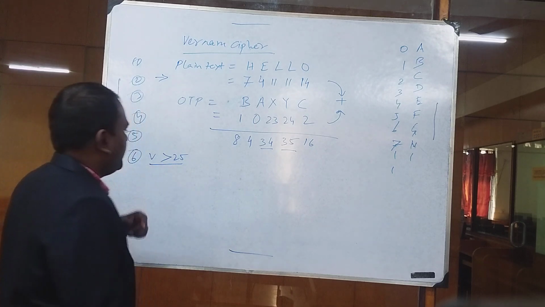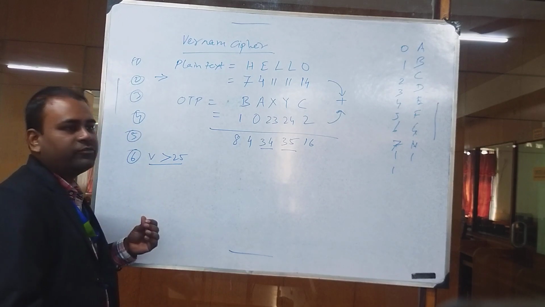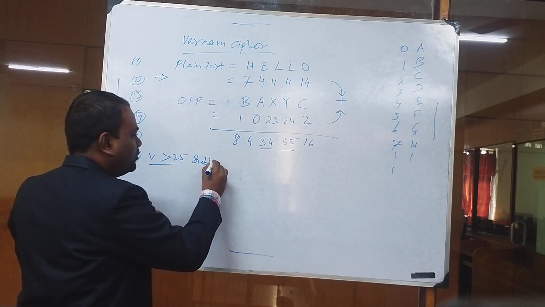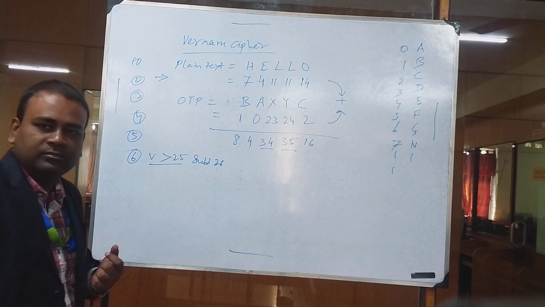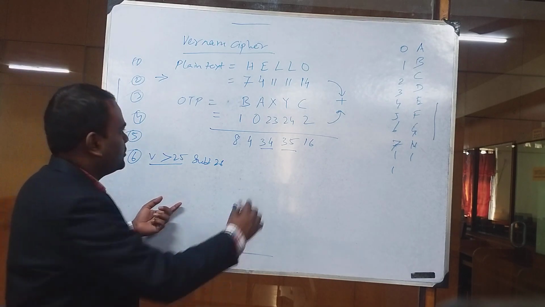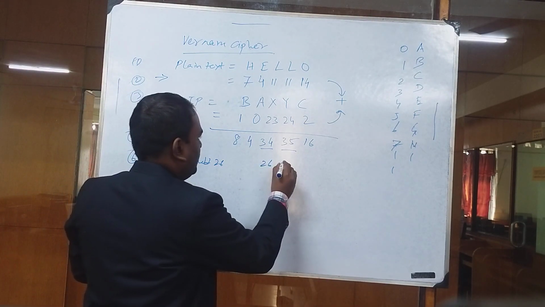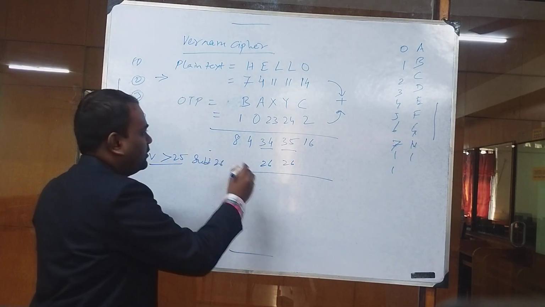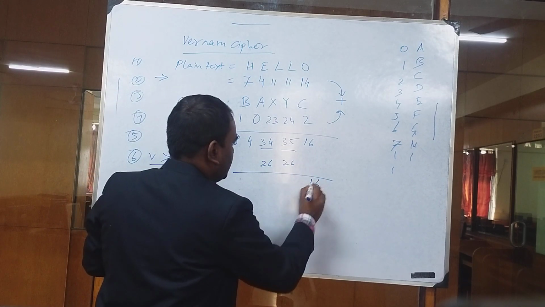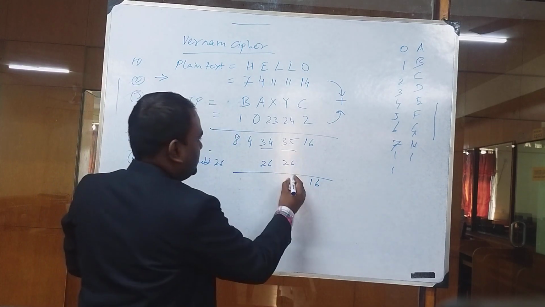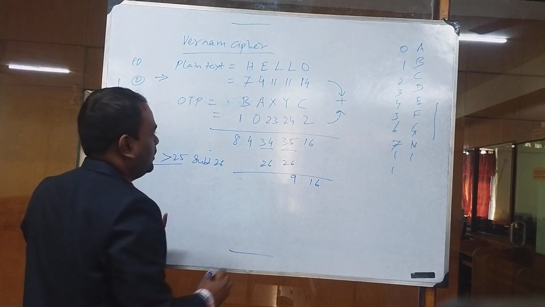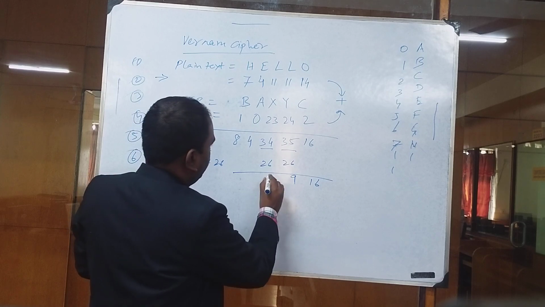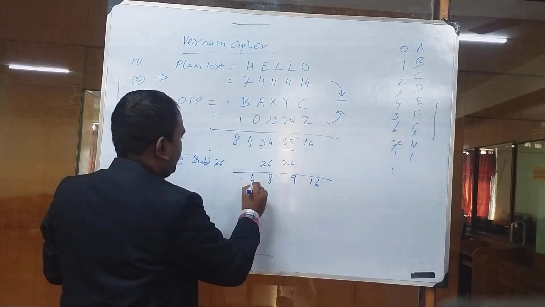If we find any value greater than 25, we have to subtract 26 from that value. Clear? So we subtract 26 from these values. The rest remain the same, that is 16. This will be 9. This will be 8. This will be 4 and 8.